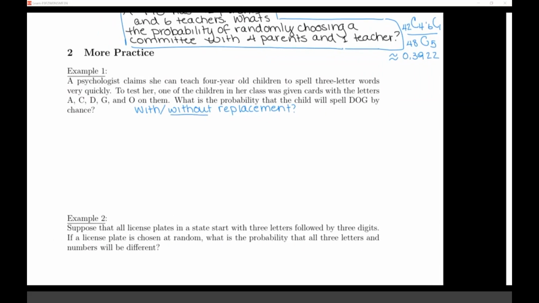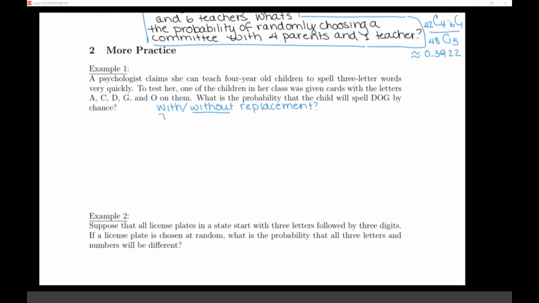Okay, you'll notice also there are no repeated letters in the 5 cards. Okay, so without replacement. Does order matter? When you're spelling a word, is the order of the letters important? Yes.